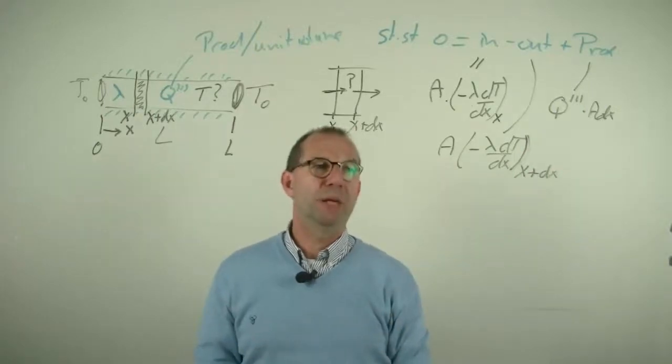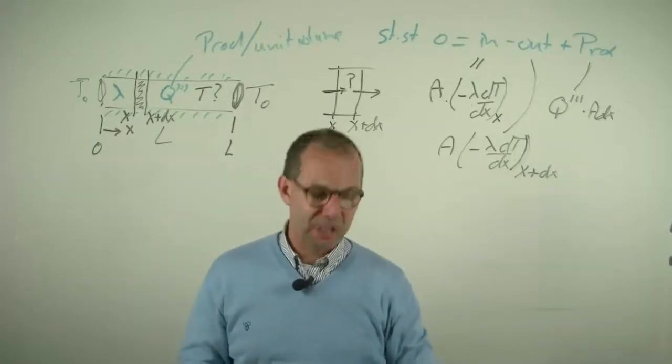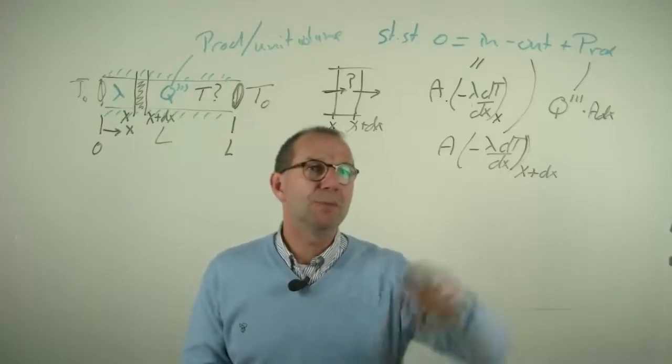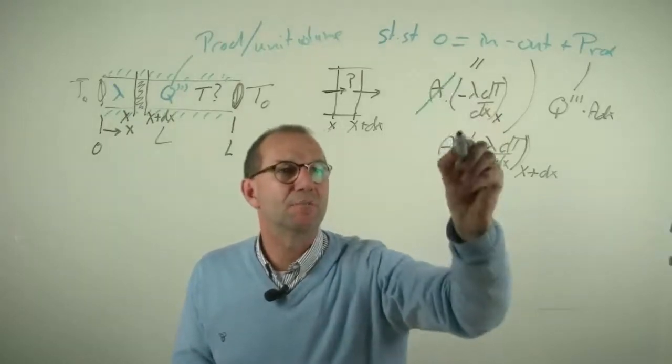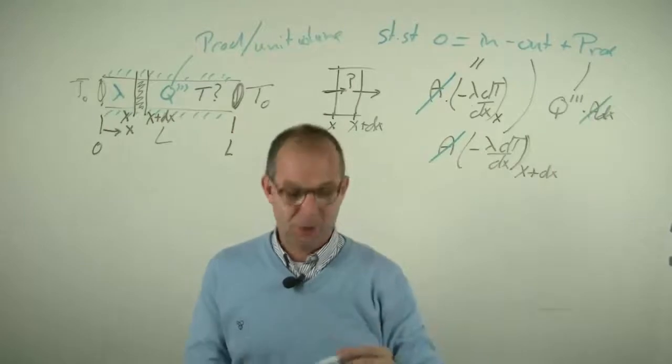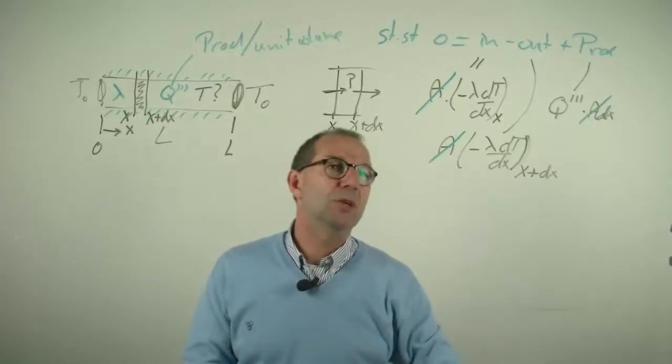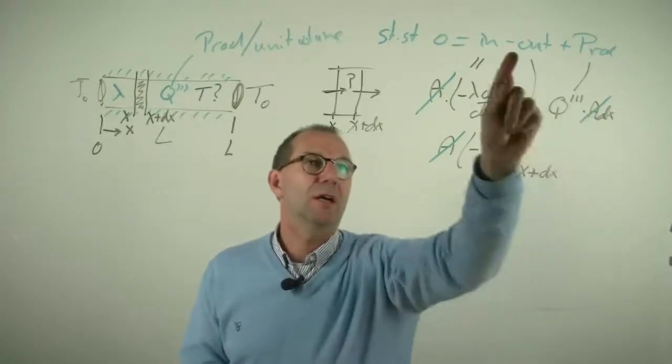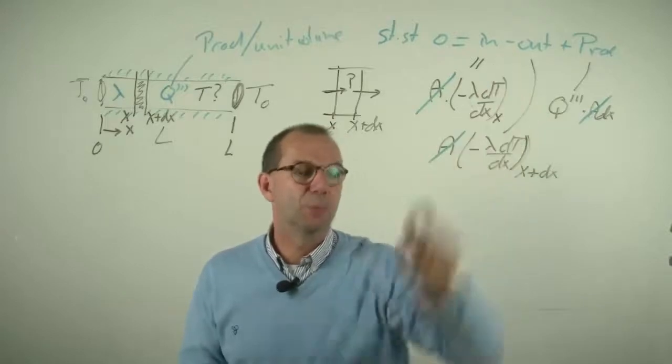Okay, this looks pretty complicated and let's sort out this a little bit. First, we see that we can scratch out the A as that is in all terms. Second, we see that this minus sign and this minus sign turn this into a plus.